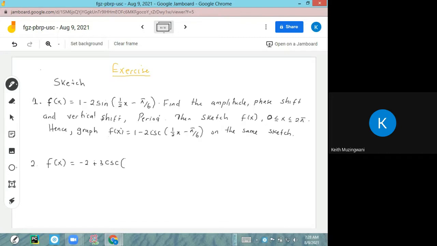Cosec. Oh, so phase shift, is it horizontal shift? Yes, phase shift is horizontal shift. Sketch.